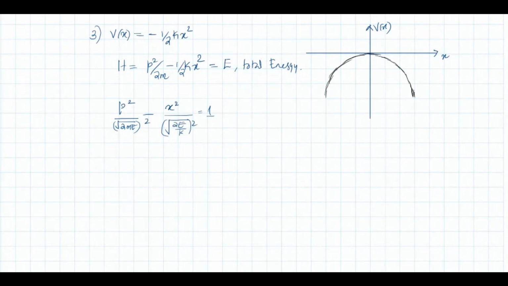Something like this. This graph is minus half kx square. Now how does the phase space diagram look?